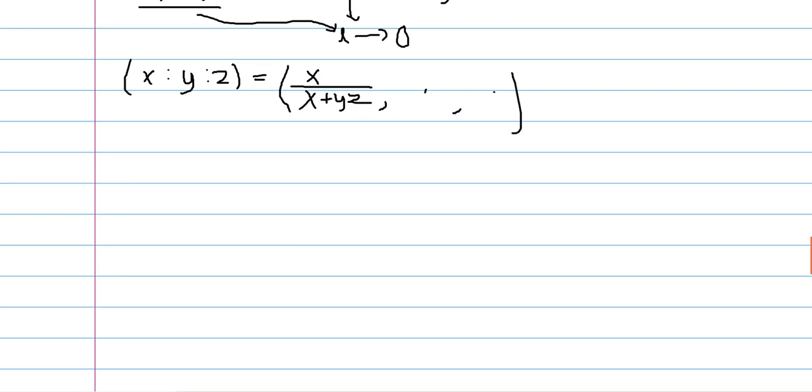Because if we were to add up each of these fractions, we would get on the top x plus y plus z, and on the bottom we have x plus y plus z, so the sum of these coordinates would equal 1. But we scale everything up by this common denominator, so that we have easier forms to work with. So for example, the point 1 colon 2 colon 0 corresponds to the point 1/3, comma 2/3, comma 0.